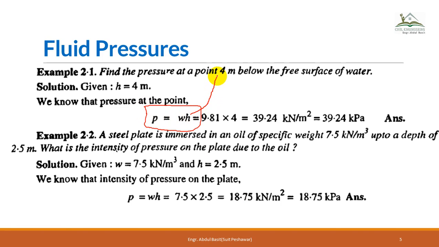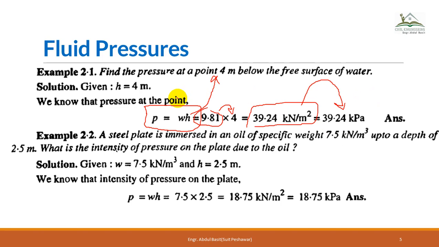Head is given, that is 4 meter, so put it over here, and the unit weight of water, we all know that this is 9.81. By multiplying these two things you will get the pressure in kilonewton per meter square. So you can convert it to kilopascals as well. That will be the same thing, because kilonewton per meter square and kilopascal are the same units.